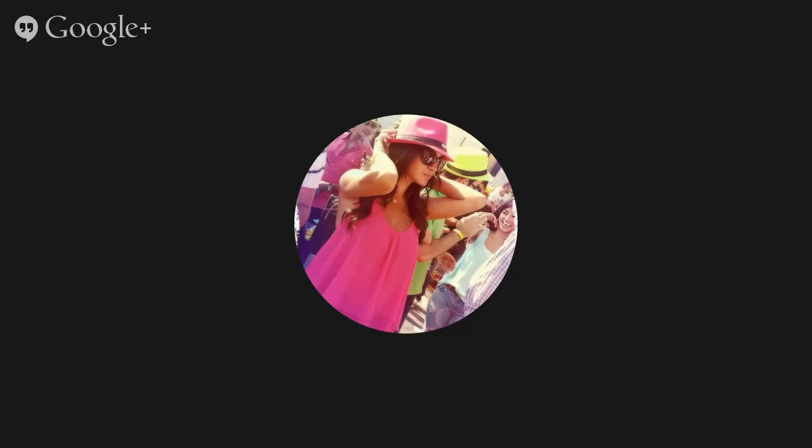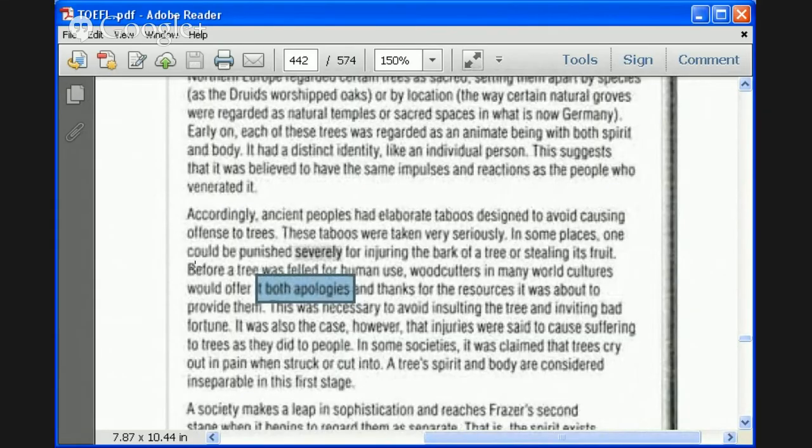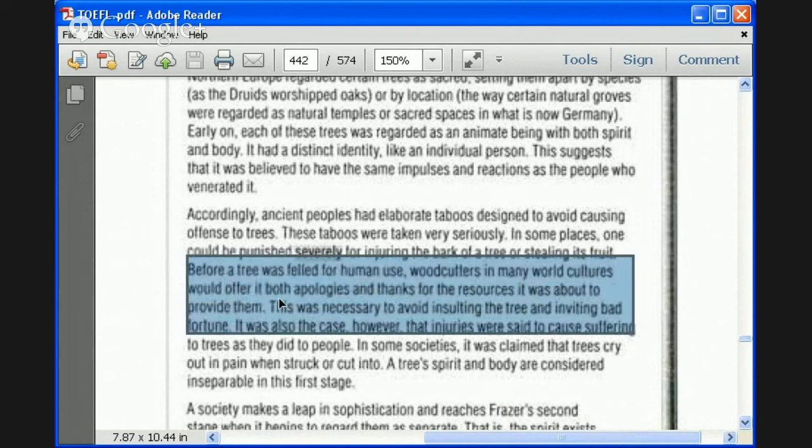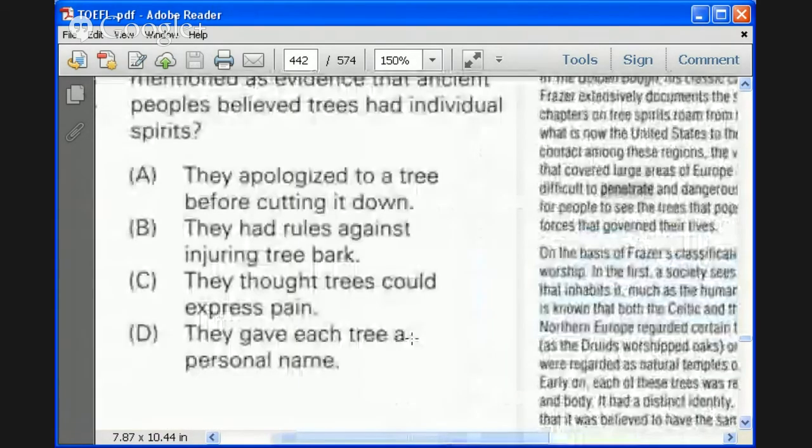It's in the paragraph starting with accordingly. Yes, I think we saw it at the same time. Before a tree was felled for human use, woodcutters in many cultures would offer it both apologies. Eliminate that one. Okay, done.